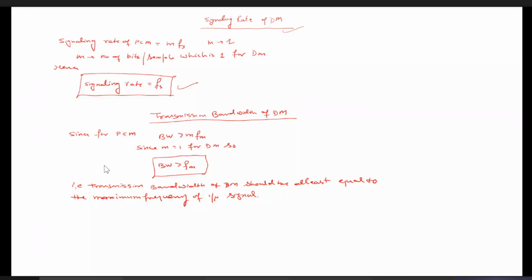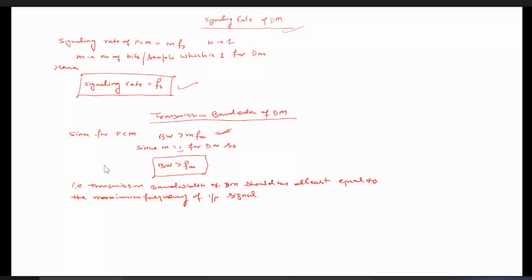Similarly, the transmission bandwidth: in the case of PCM, the bandwidth should be greater than m into fm. This we have already derived. So if you take m equals 1 for delta modulation, the bandwidth should be greater than fm, the minimum transmission bandwidth.